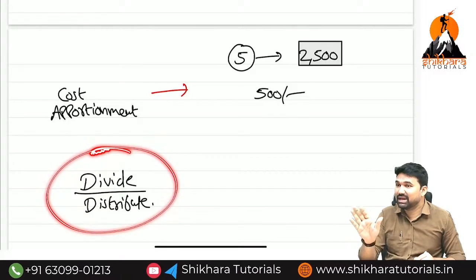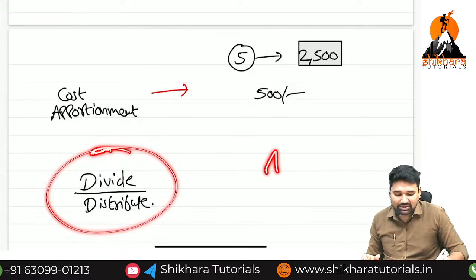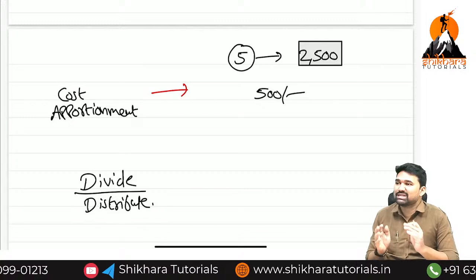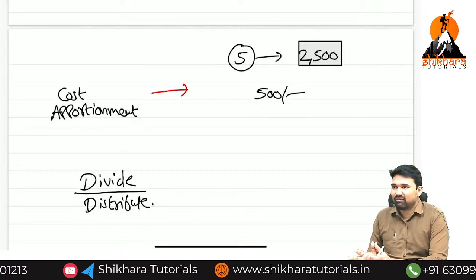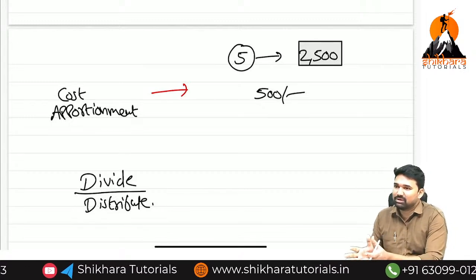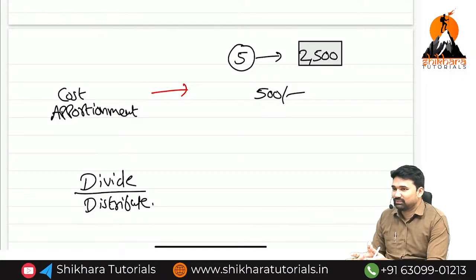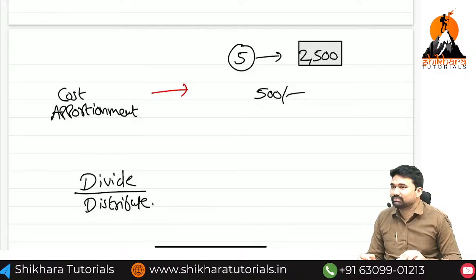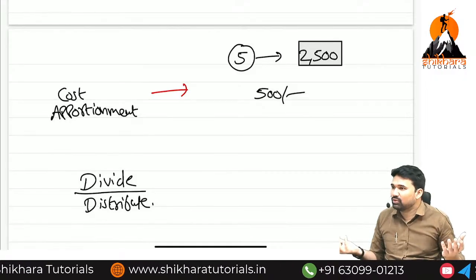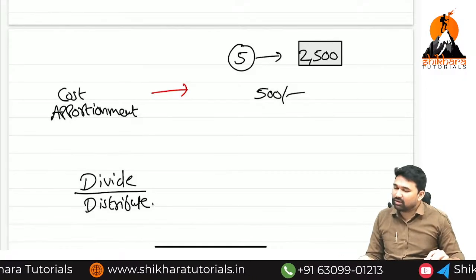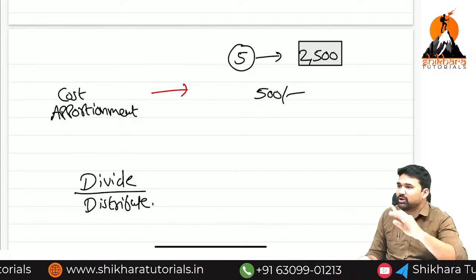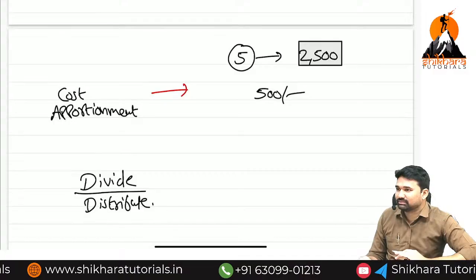But the major difference is, in case of allocation, you distribute in a scientific way, because information is available with you. Whereas in case of apportionment, there is no full and final information. On some general basis, you are going to divide the cost.